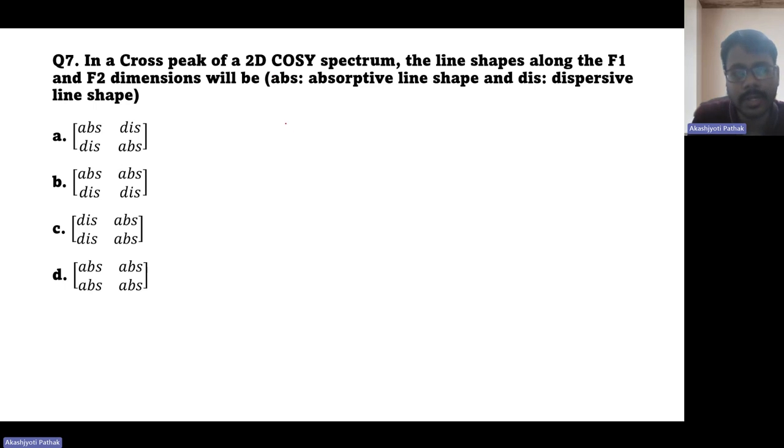When we solve the trace of the row 5 C I L Y term, what do we get? We get four terms, and all these four terms are cosine terms. Cosine terms indicate that they will have absorptive line shape, and sine terms indicate that they will have dispersive line shape.